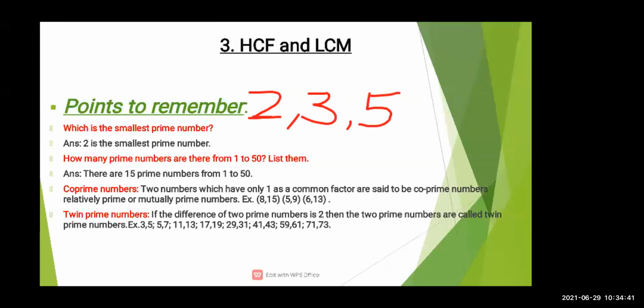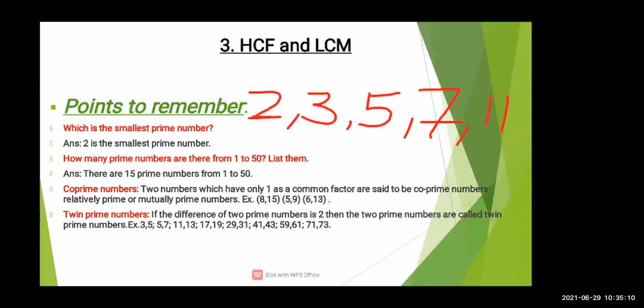After 5, there is 7. After 7, there is 11. No Harsh, 12 is not a prime number. 12 आता है 2 के टेबल में, 3 के टेबल में, 4 के, 6 के, 12 के.